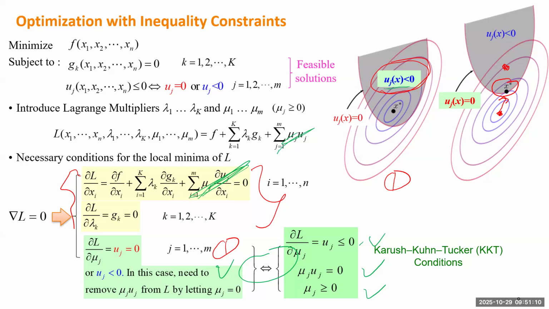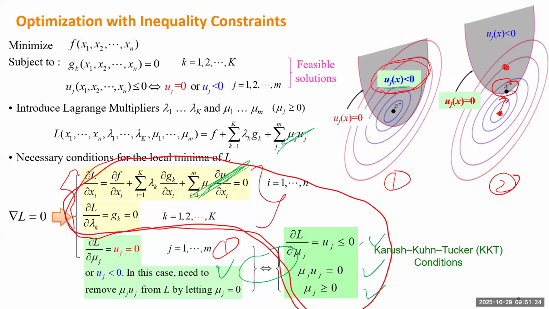This is just a geometric interpretation, but if you don't want to develop any geometric method, you simply solve this set of equations or inequalities, which gives you all the candidate solutions. Then you just check the function value. The smallest one will be the final solution of your problem.